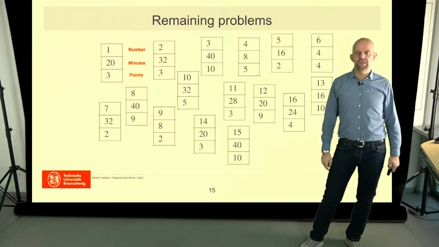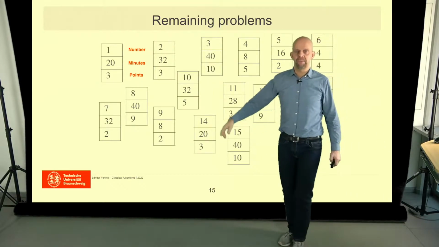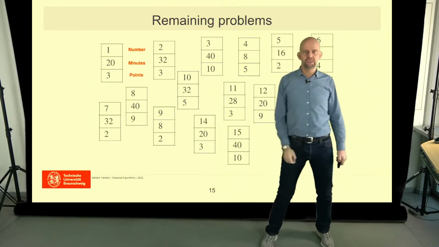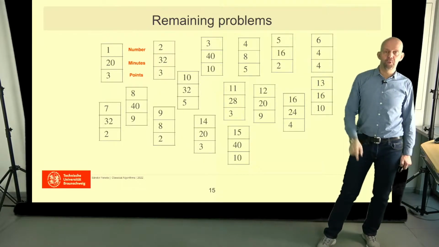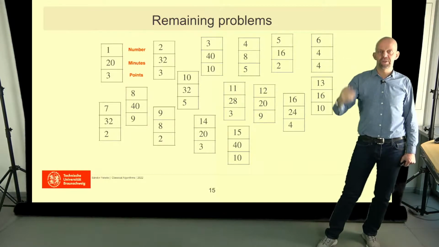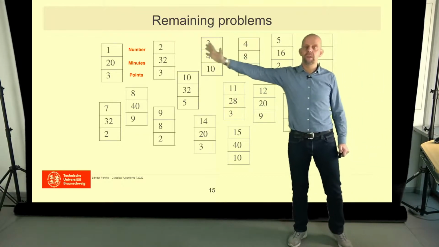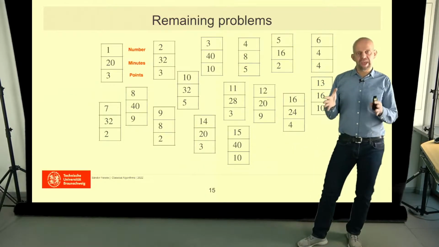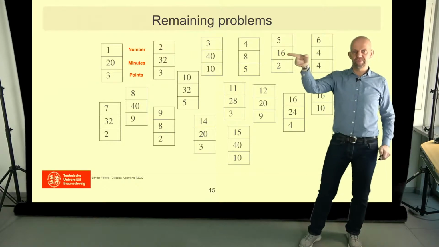And yeah, so the question here is, what should you do? What should you pick? There are some which take a lot of time, so 40 minutes for 10 points. There are others which only take 8 minutes for 5 points, or just 4 minutes for 4 points. So this one here may be a really good choice, but it's only 4 points. You need 44. So can you pick a subset of these 16 questions which add up to not more than 120 in terms of the minutes?